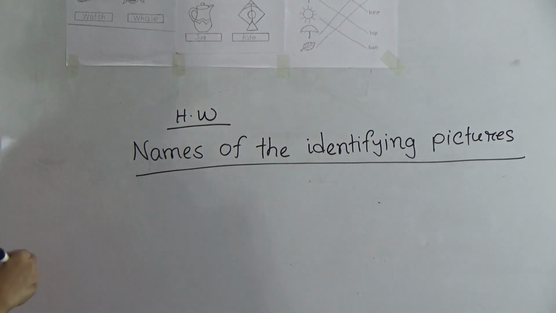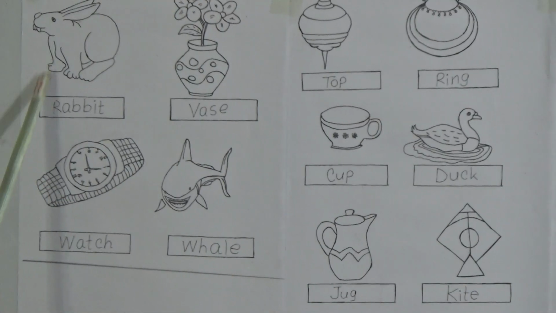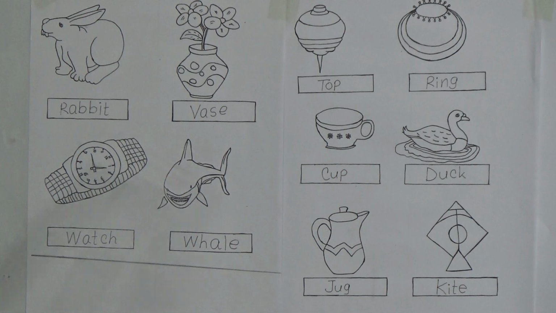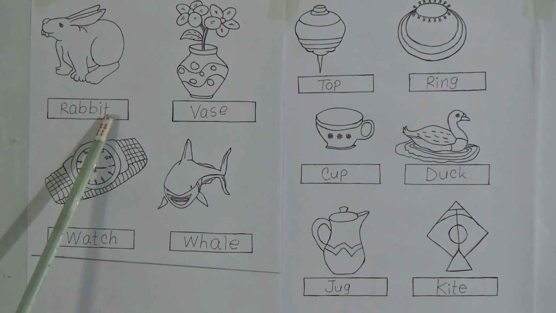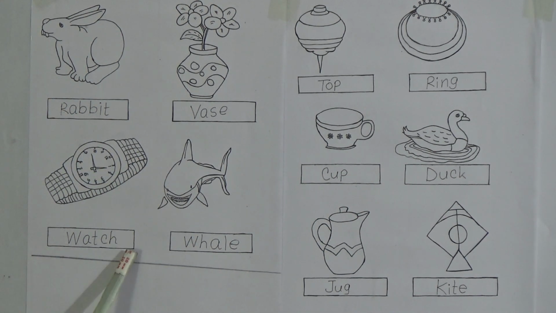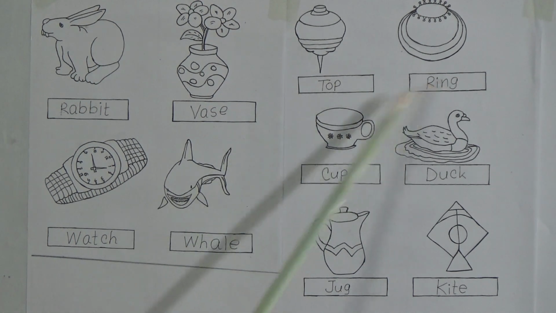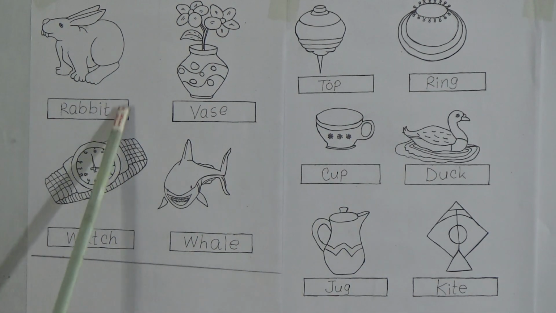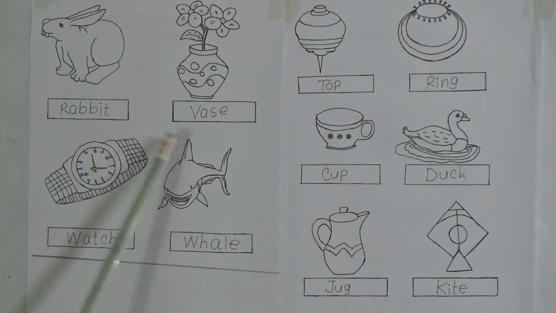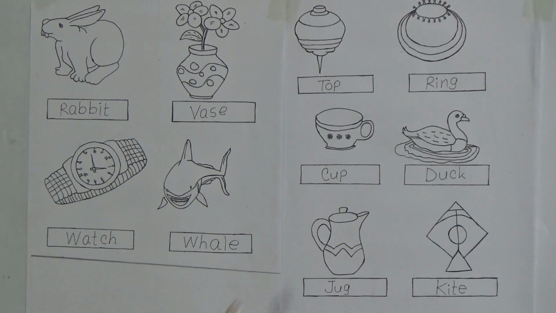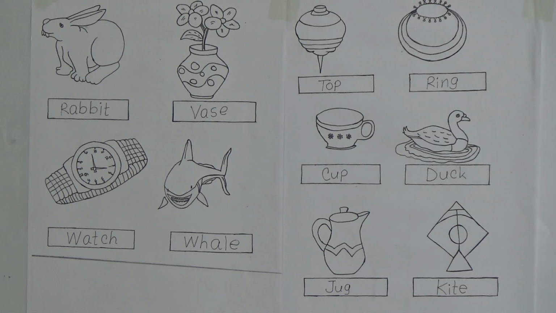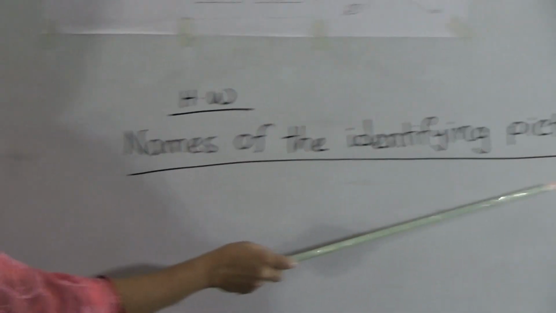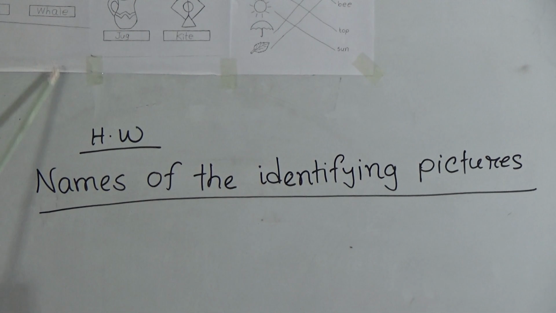Students, you have to write the names only, like the rabbit, vase. You can also give numbers 1, 2, 3, 4. Like rabbit number 1, vase number 2, watch 3, well 4, then 5, 6, 7, 8, 9, 10. You have to write only the names, just serially 1, 2, 3, 4. So your HW topic is names of the identifying pictures, only these names.